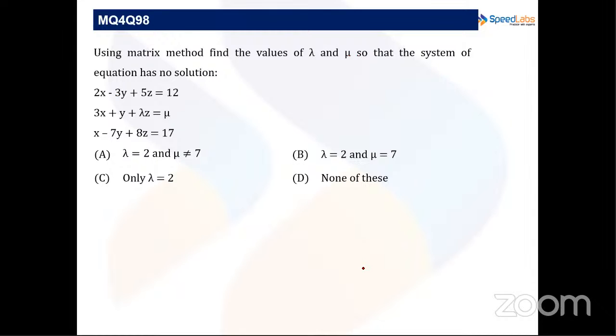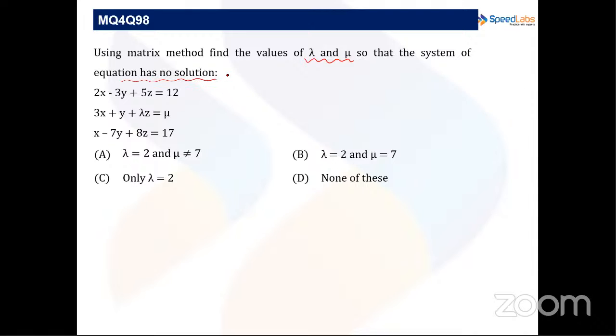Now moving to the next question. Okay, this is something you will get using the matrix method. Find the value of lambda and mu so that the system of equation has no solution.